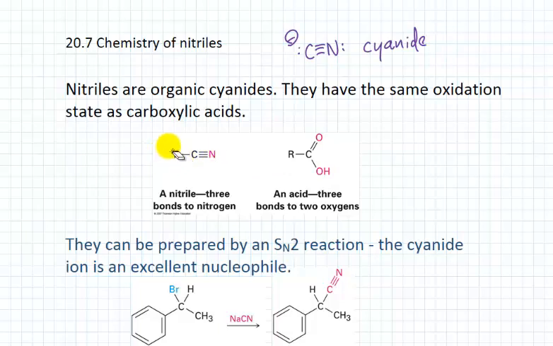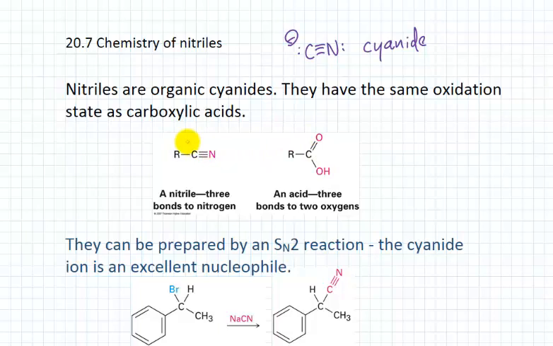Well, they don't look a whole lot alike at first glance, but if you look at it, they do have the same oxidation state. We have a carbon with 3 bonds to a heteroatom, an N or an O, right? There are no H's on the carbon in either case.